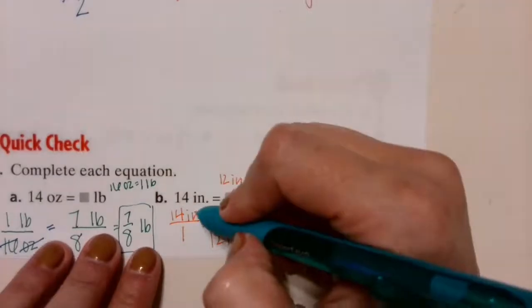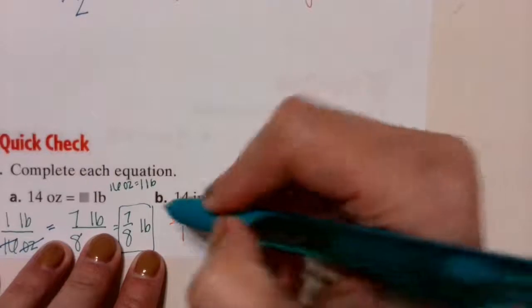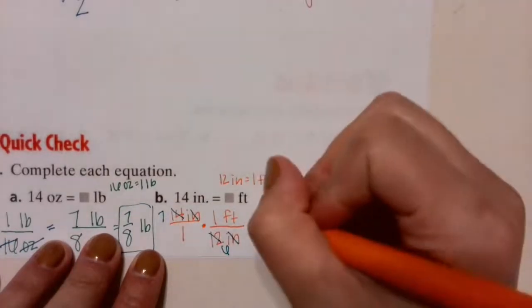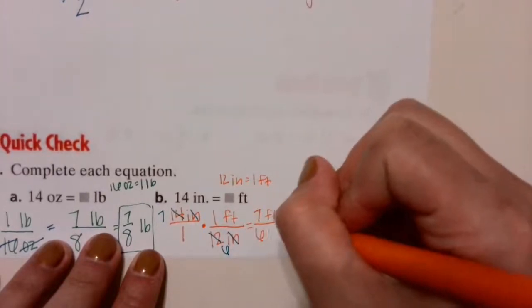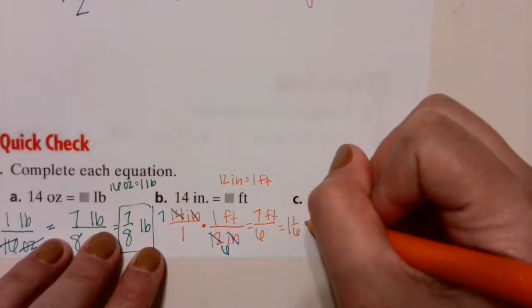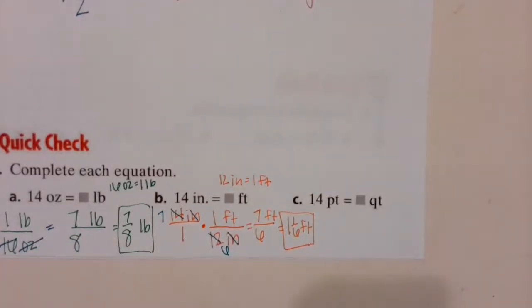I'll cancel my inches. Both of these are even, so I'll make that a 6 and this a 7. When I multiply, that gives me 7 feet over 6, and 7 over 6 is 1 1/6, so 1 1/6 of a foot would be my answer here on this one.